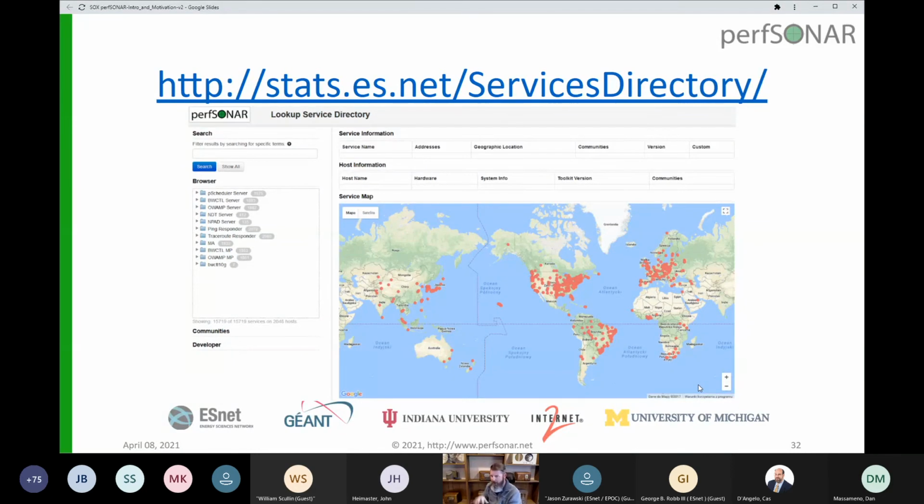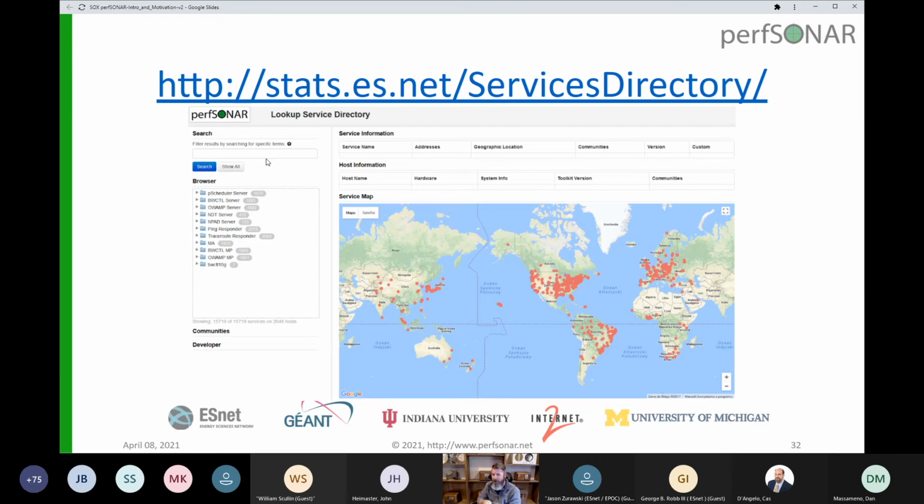But if you have a perfSONAR node, and you want to test to any of these available ones, you can go in and search for a specific country or a specific institution and find the closest node. You can even search by IP address. If you know just the first couple octets of an IP address, you can put it in there and see if anybody in that specific network has a perfSONAR node stood up that you can test to.